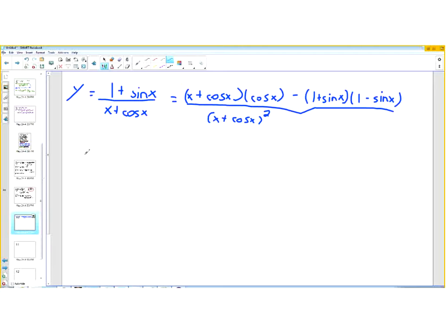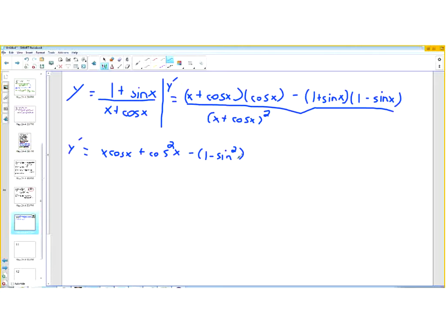Okay, and we can maybe attempt to clean this up a bit. So we'll have x cosine x. Oh, by the way, this is y prime. Okay, make that clear. Okay, so y prime is equal to x cosine x plus cosine squared x minus, okay, and this would be 1 minus sine squared x.